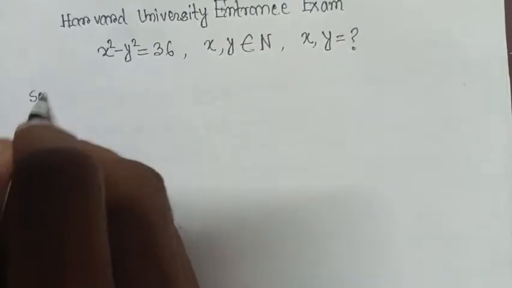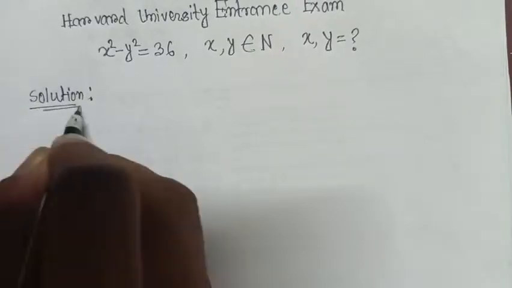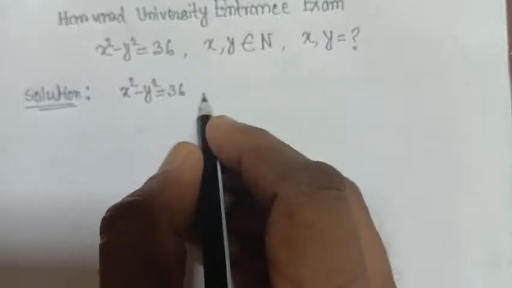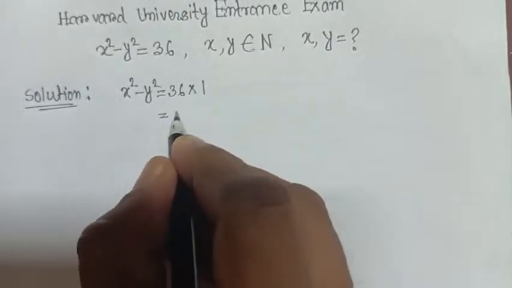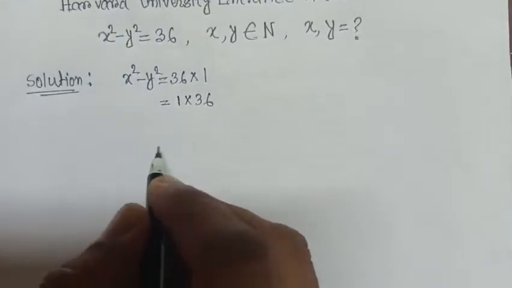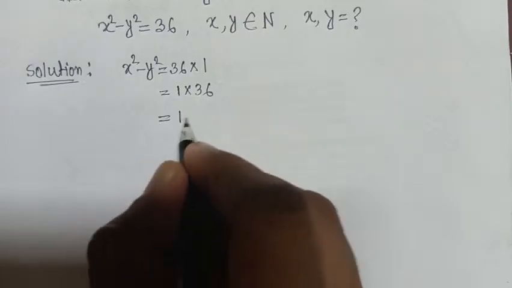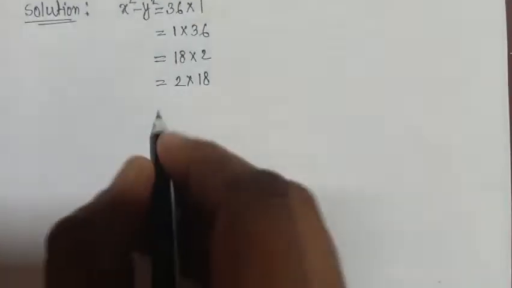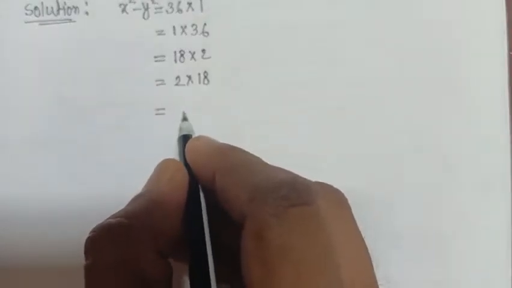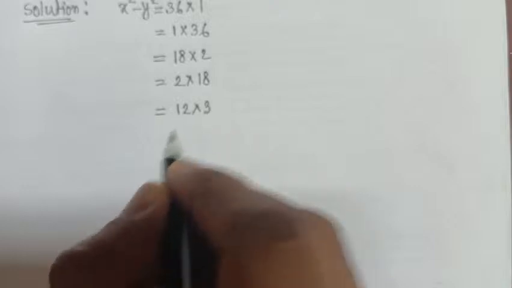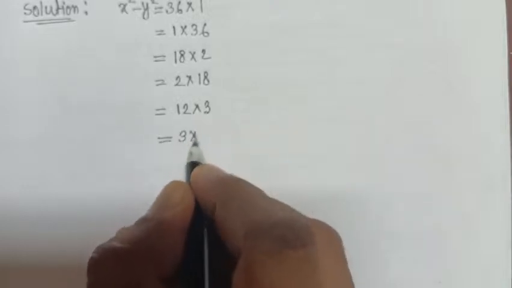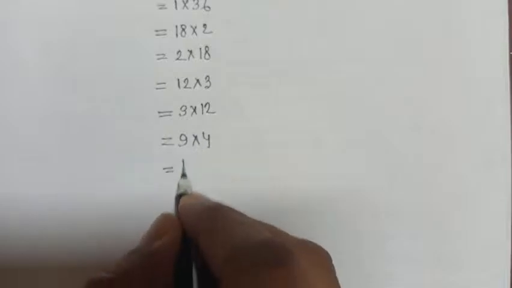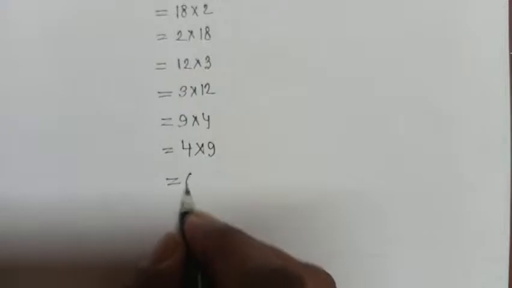For this, we can break 36 into several parts, like 36 into 1, or 1 into 36, or we can express 36 as 18 into 2, or 2 into 18, or maybe 36 can be expressed as 12 cross 3, or 3 cross 12, or 9 cross 4, or 4 cross 9, or 6 cross 6.